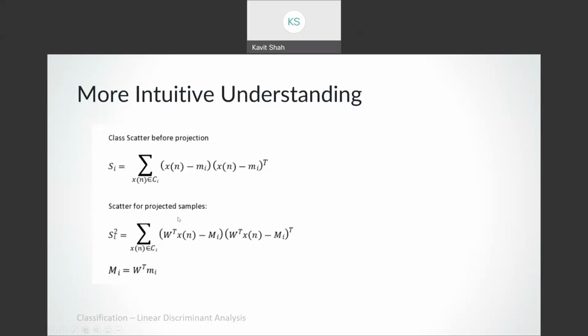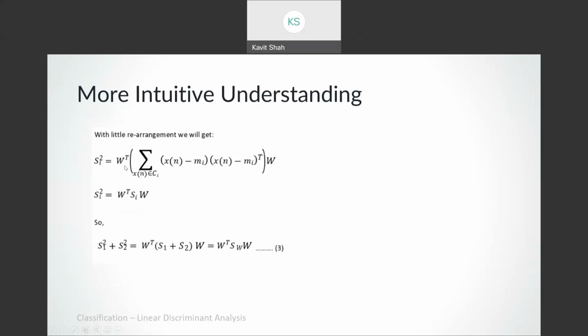And if we rearrange this, taking W transpose common from each of these terms, we arrive at Si square as W transpose Si W. So S1 square plus S2 square, which is the denominator term, would be given by W transpose SW W, where SW here is the within class scatter.